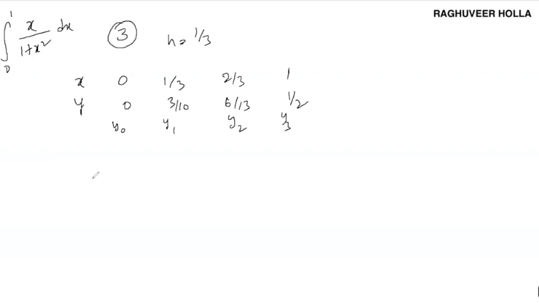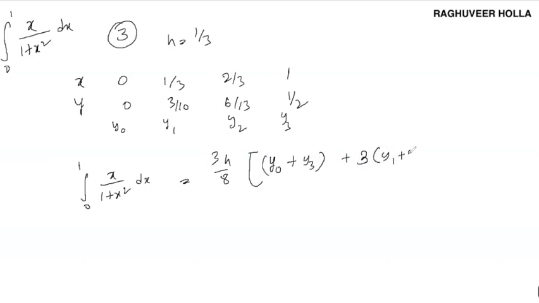The corresponding formula, since we have got 3 equal parts, is 3h by 8, y0 plus y3, plus 3 times y1, y2.